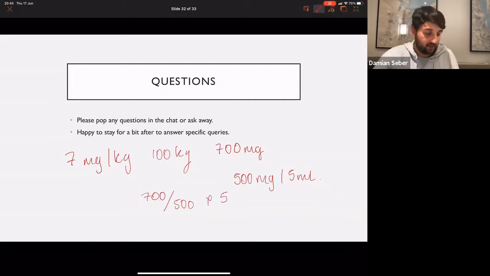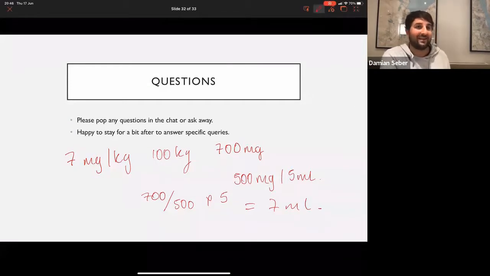If I get my trusty phone calculator, because I'm not that good at mental maths, that equals 7 mils. Does that make sense? That is basically the hardest. They might be funny with 7 milligrams per kilogram per hour or per day, and they need a 3-day course, so it just adds another step into the calculation. But that's about it really.